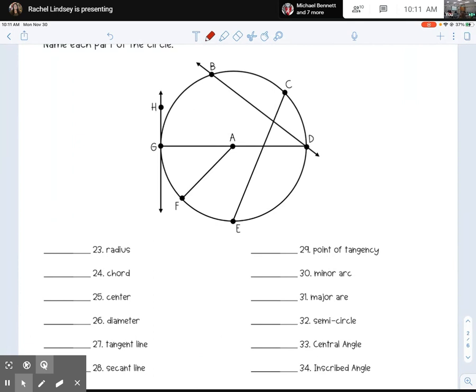That means it's starting at A and then going to the side. What's one of those radii? A to D. Could you do DA? You could do DA, you could do AG or GA, and you could do AF or FA. Because all 3 of these are radii.